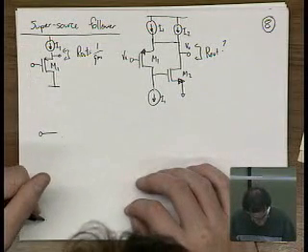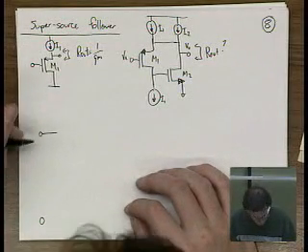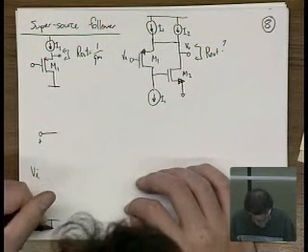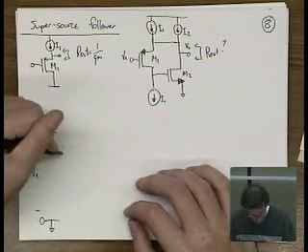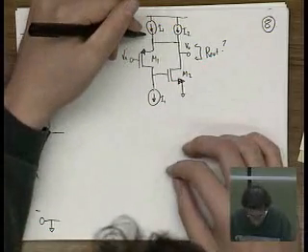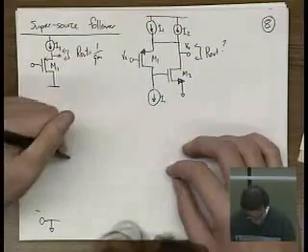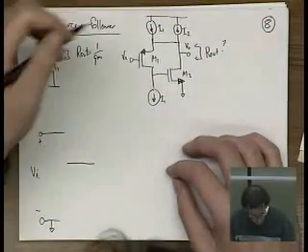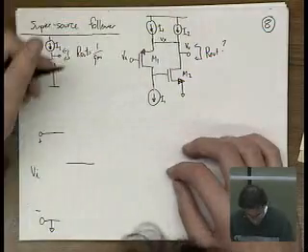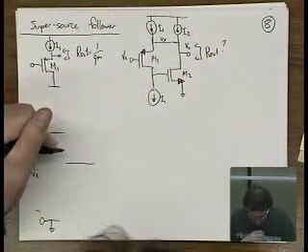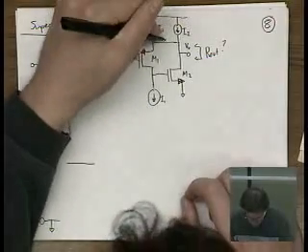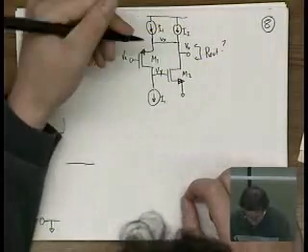So this is VI, that's a grounded node. Let's call this node Vx, and this node Vy.